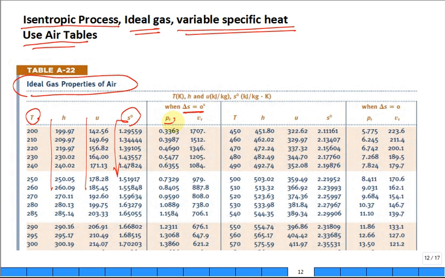You have these P sub R and V sub R parameters. So if you're undergoing an isentropic process from maybe P1 to P2, the ratio of the actual pressures is equal to the ratio of P sub R evaluated at state 2 and P sub R evaluated at state 1. That's how you would use the information in that column for an isentropic process.